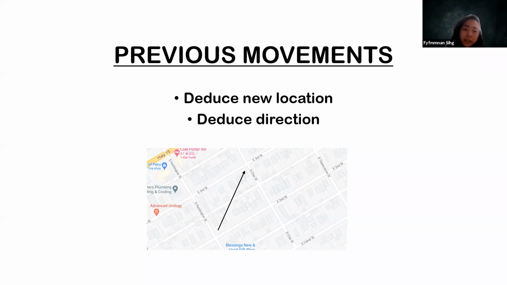Let's say we started at the intersection of South Huntington Street and East 2nd Street. Let's assume that the top is north again. Let's say we walk 1 block east and 1 block north, and now we want to know where we are. In the image, you'll see that we're at South Clay Street and East 3rd Street.